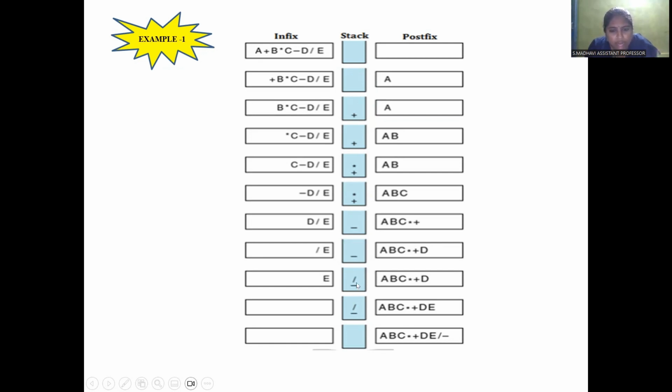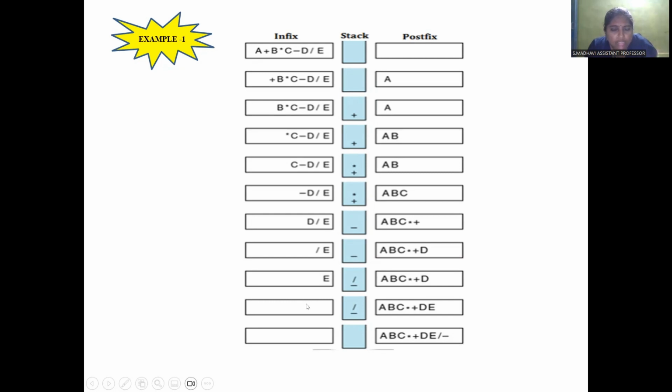So it is pushed in a correct way. Next is E. E is an operand, so we directly place it onto the postfix. So E has been placed here. Now the infix expression is all over.